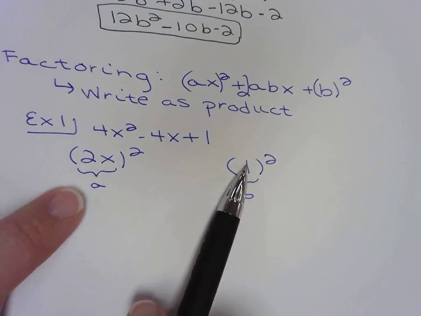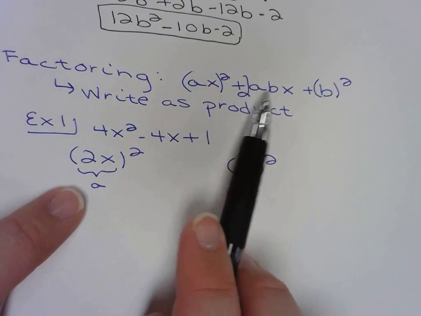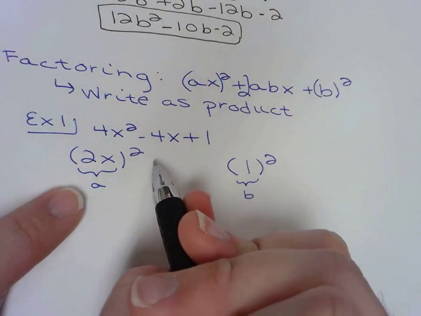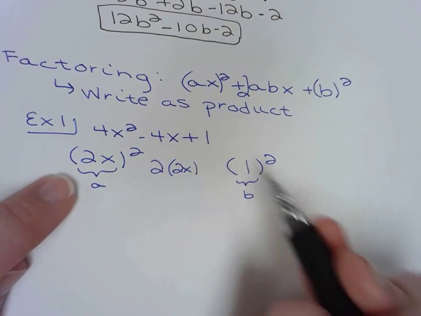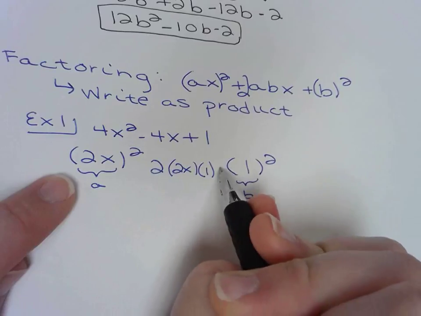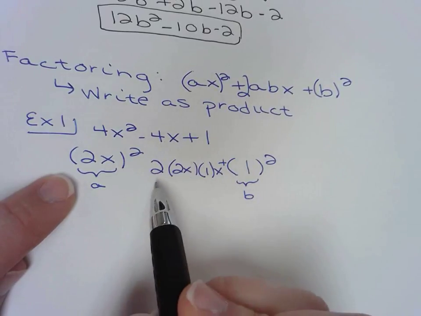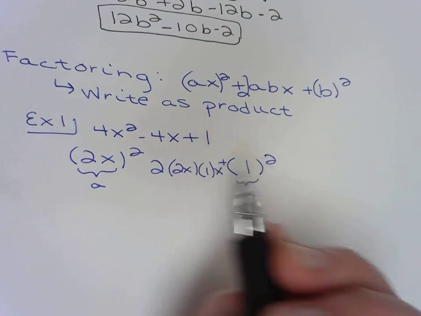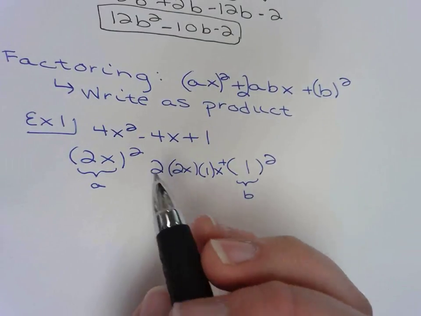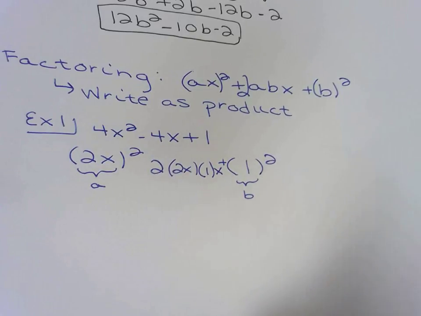In order for this to work, this has to be 2abx, so 2 times a times b. Does that give you 4x? 2 times 2x, 4x. The negative doesn't really matter where it's at. Yes, that would work.